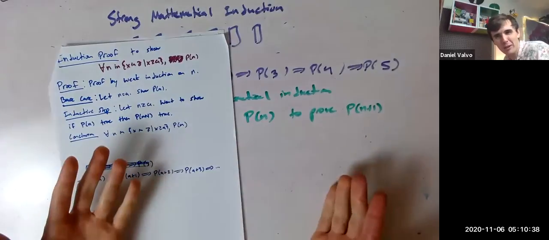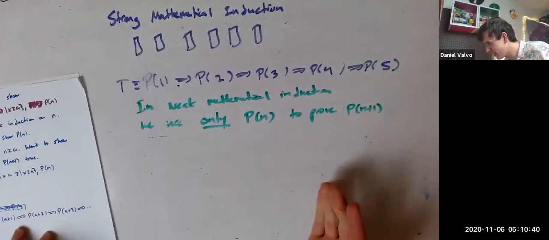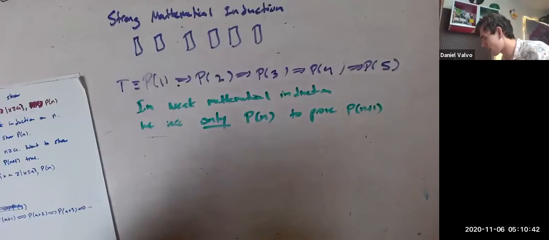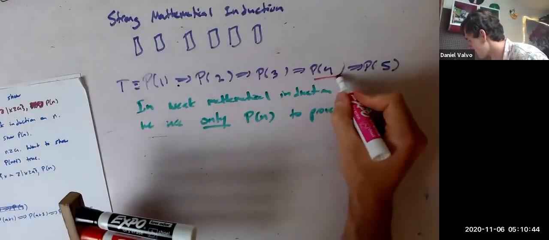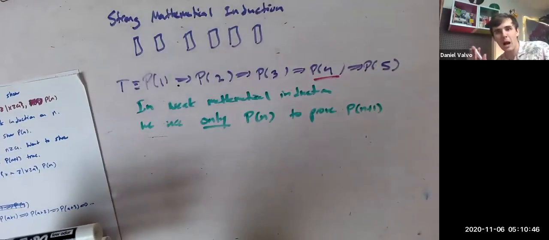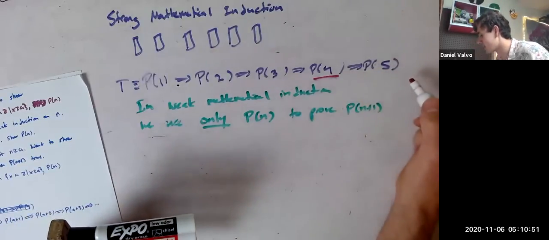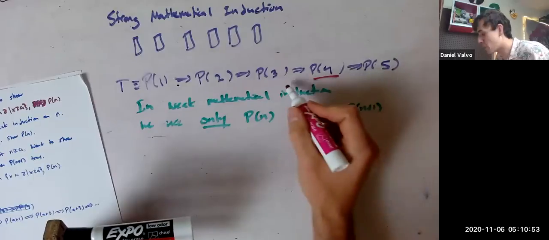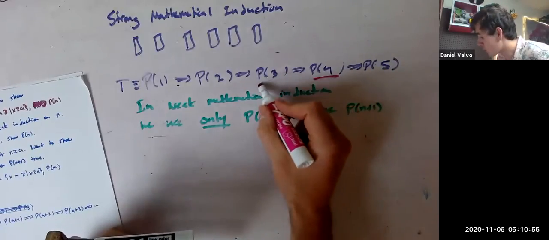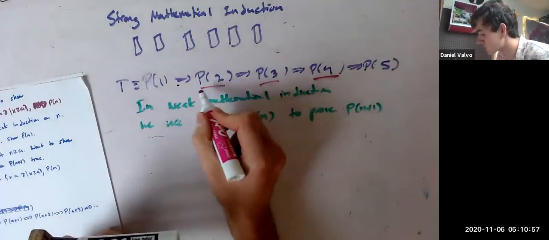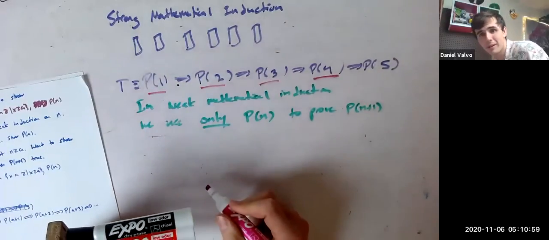But here's the really weird thing about this. If we're here in this step, if we imagine the dominoes falling down and we got to P of 4, and we're trying to prove P of 5. Well, we don't only know P of 4 is true, we also know P of 3 is true, we also know P of 2 is true, we also know P of 1 is true.